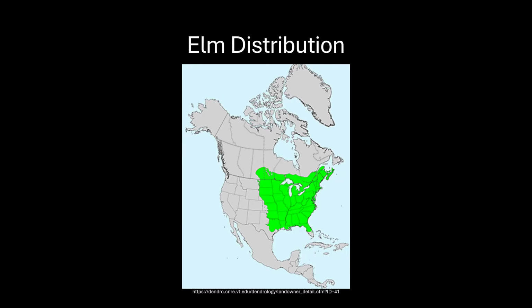And so the question arises, where is Dutch elm disease? Well, wherever you see that green on the map, wherever there is elm, there is more than likely Dutch elm disease. Not trying to sound doom and gloom with that, but it's across the country, unfortunately.